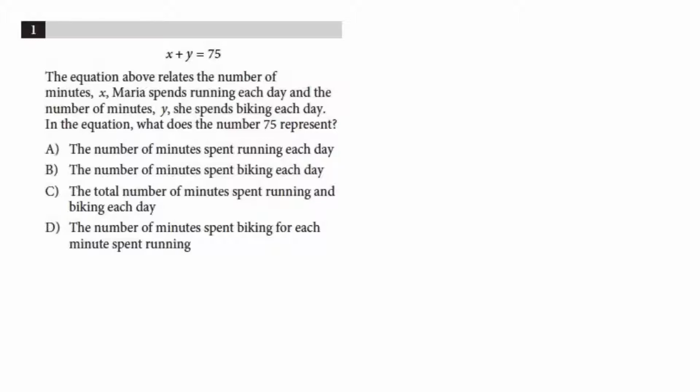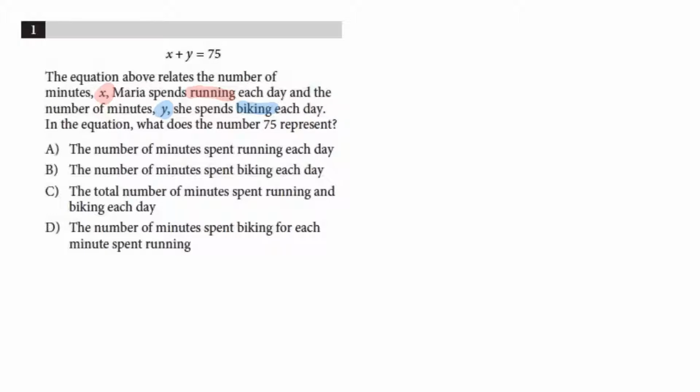The number 75 is the sum of x and y, which are minutes spent running and minutes spent biking. So it's the number of minutes she spends exercising, the sum of those two activities.